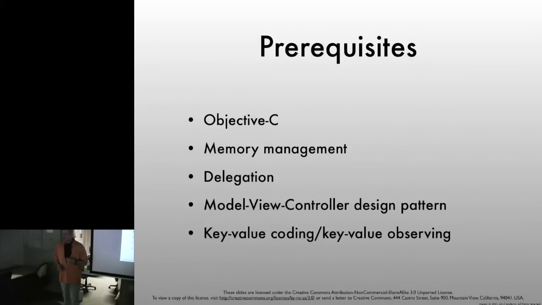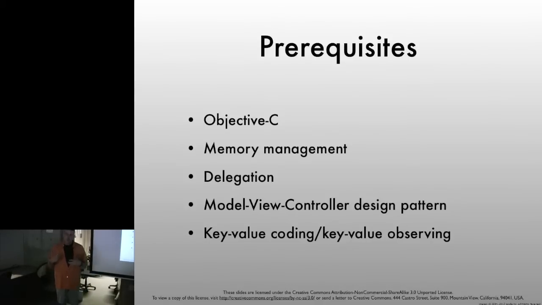So there are some prerequisites to using Core Data. Objective-C, obviously. Memory management is a crucial part of Core Data. You can get away with messing around with Core Data and experimenting with it, storing and retrieving small chunks of data.